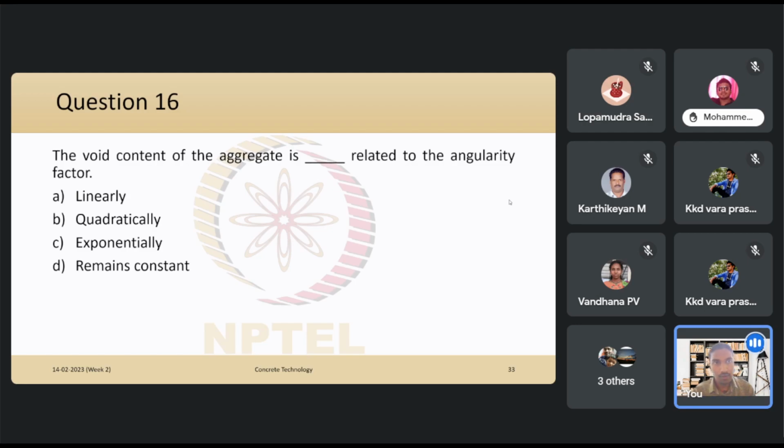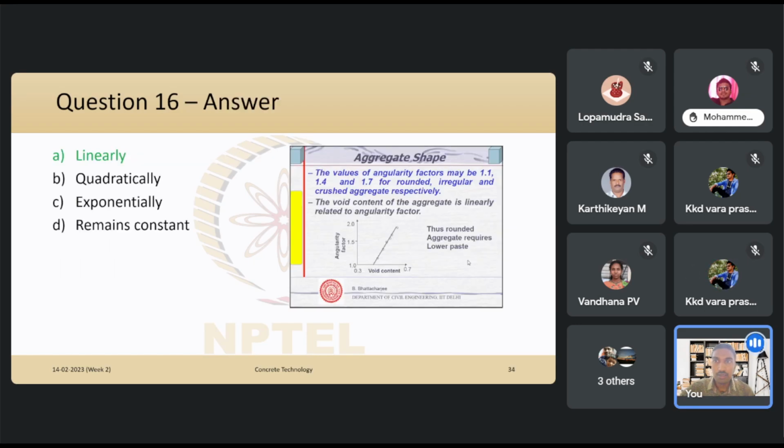Okay, we have a couple of votes for option A. Any other answers? Okay, so let's take a look at the correct option now. The correct option is option A. It varies linearly.